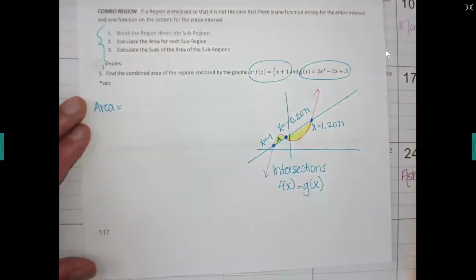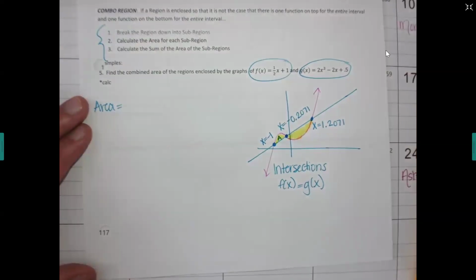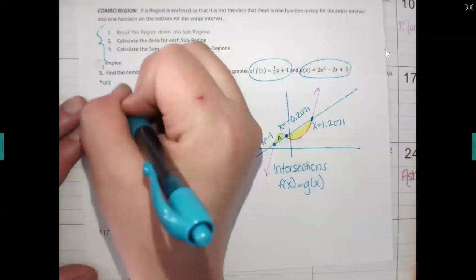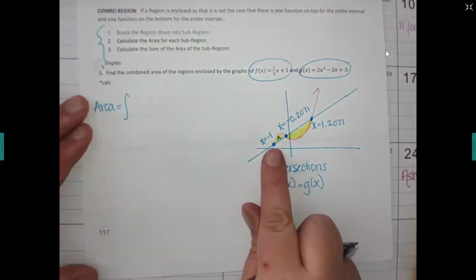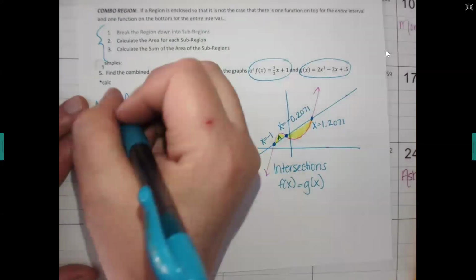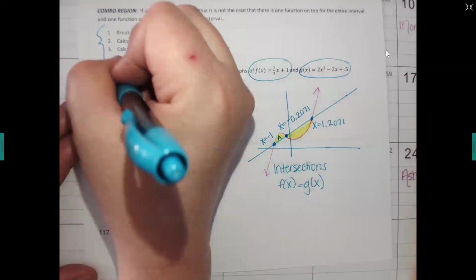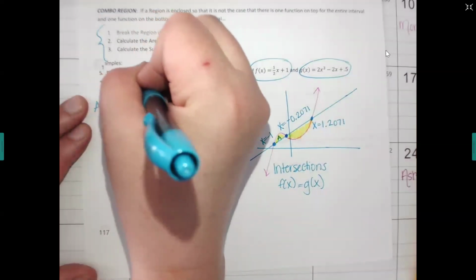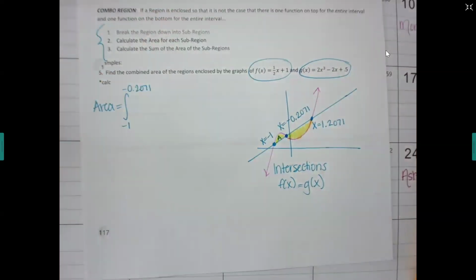From where to where along the x-axis? So this is -1 till, yes, 0.2071. And then in pocket A, which way should I subtract? Should I do the line minus the curve or the curve minus the line?